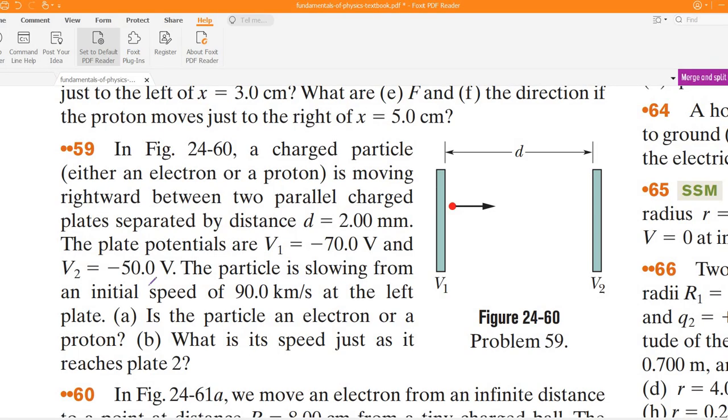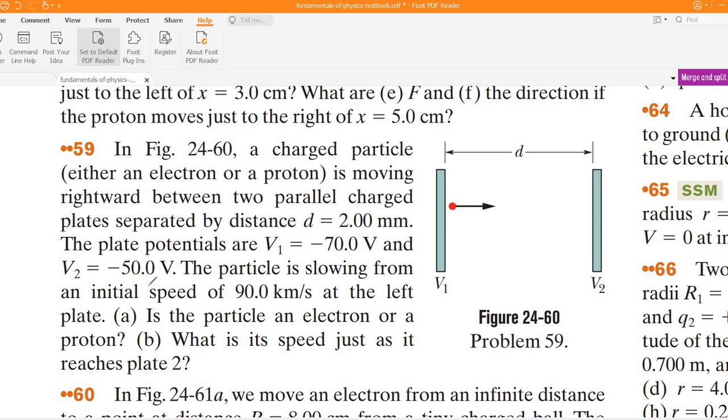This is the next problem, 59. A charged particle, either an electron or a proton, is moving rightward between two parallel charged plates, separated by a distance. And the plates' potentials are V1 equal to negative 70 volt and V2 equal to negative 50 volt.